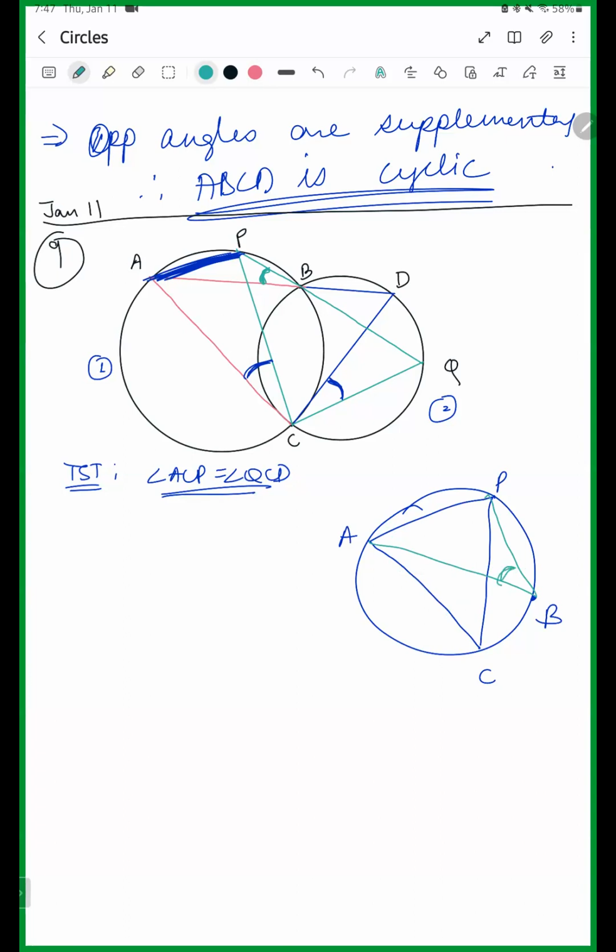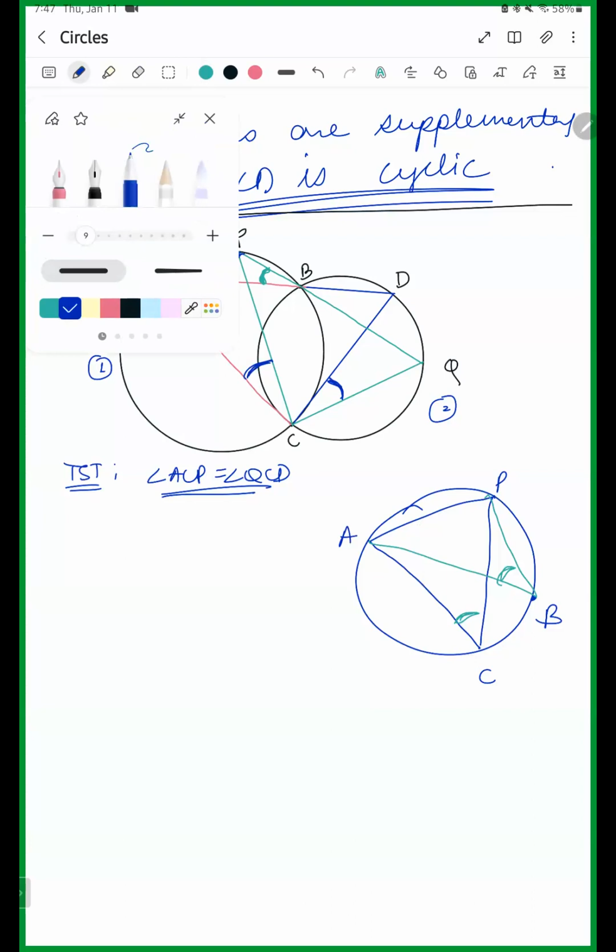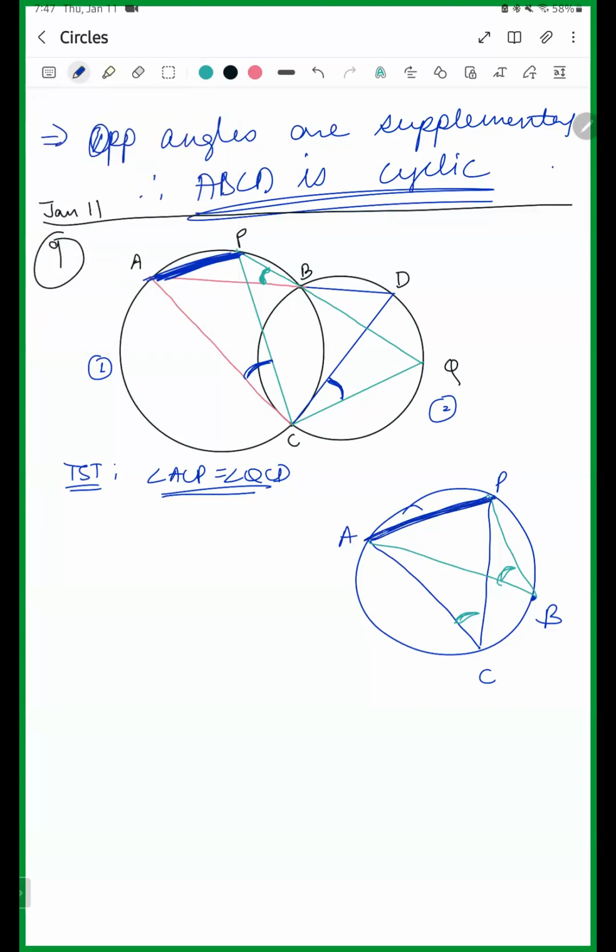So we know that these two angles are going to be equal. Why? Because angles in the same segment are equal. So this angle will be equal to this angle.